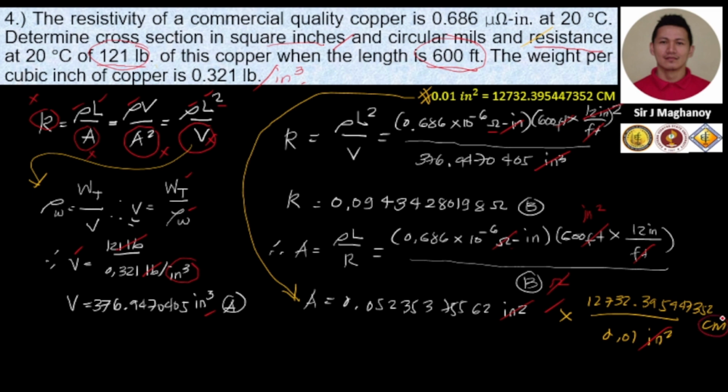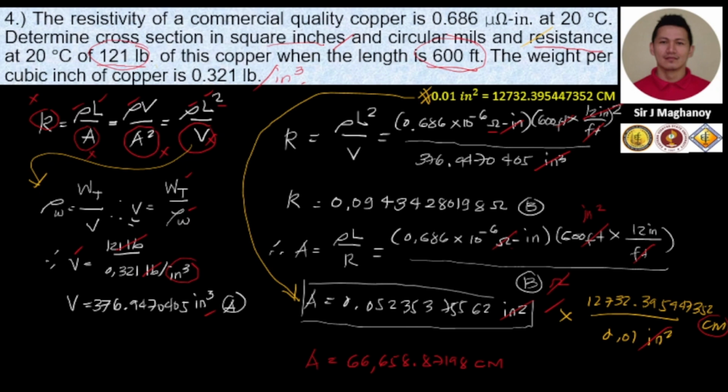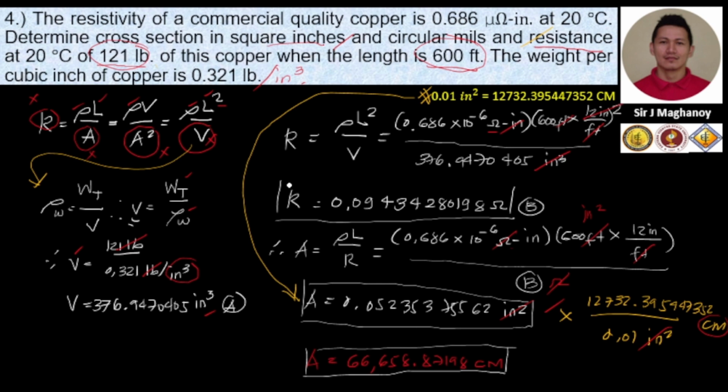Square inch is canceled, and the remaining unit is circular mil. So finally, our area in circular mil is 66,658.87198 circular mil. Okay, so let's review our answers. We have our area in square inch and our cross-sectional area in circular mil, our resistance, and our volume.